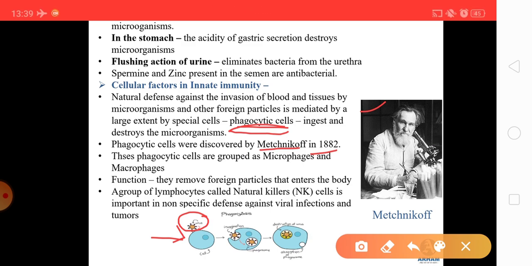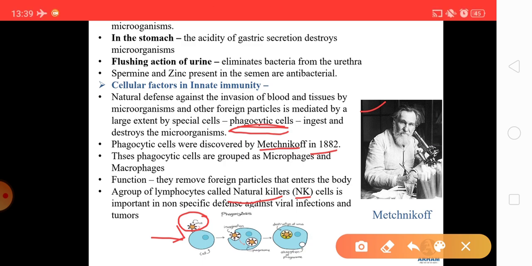Now there is a special group of lymphocytes known as natural killer cells, abbreviated as NK cells. These natural killer cells are very important in non-specific defense. We have already studied non-specific defense, which is against general infection.